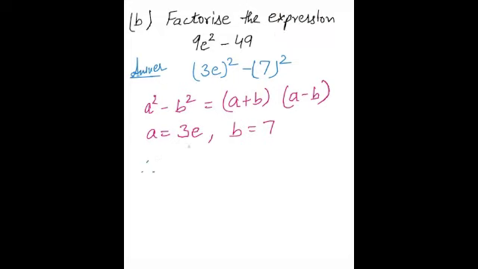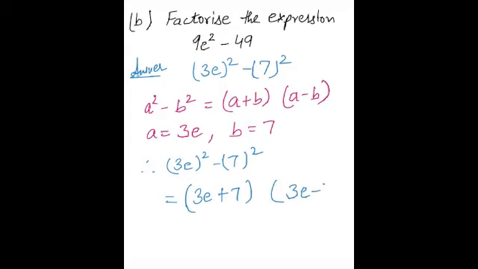Therefore 3e whole square minus 7 whole square is equal to 3e plus 7, 3e minus 7, and that's your answer. This is how to do factorization.